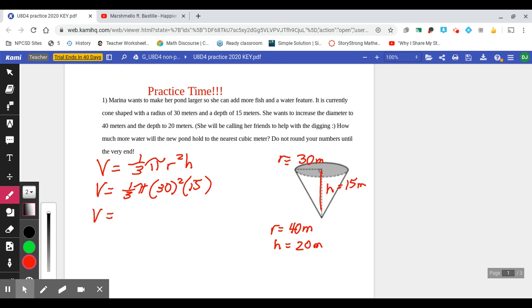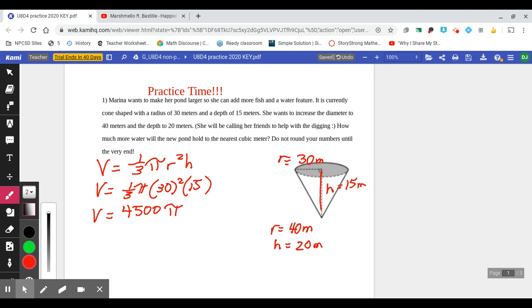I'm going to pick up my calculator. 30 squared we can do in our head, it's 900, times 15, and then 1/3 of that is dividing by 3. What I like to do is leave this in terms of pi, because they're both going to be in terms of pi, and when we do our subtraction, we don't have to round decimals or write out a big long decimal. It's really convenient to leave it in terms of pi.